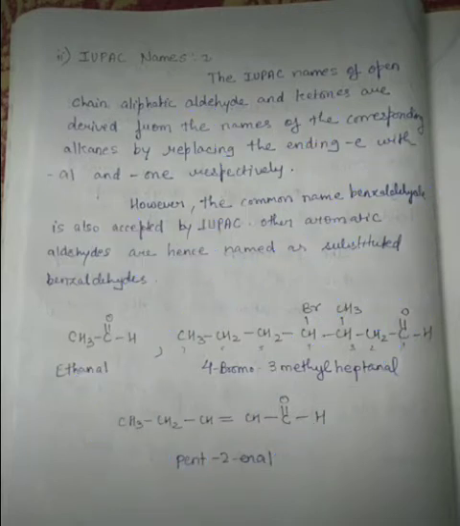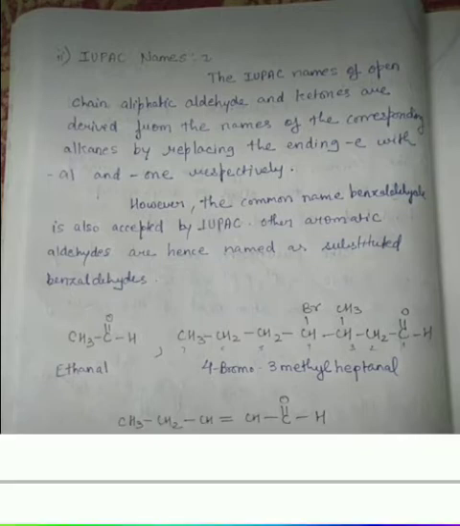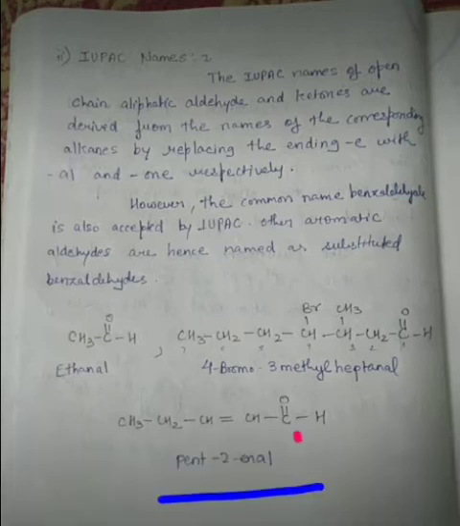Now students, let's discuss what happens if there is some more functional group or multiple bonds like double bonds or triple bonds. In such a case, you can see here that it is named as pent-2-ene-al. In this chain there are 5 carbon atoms, 1, 2, 3, 4, 5.